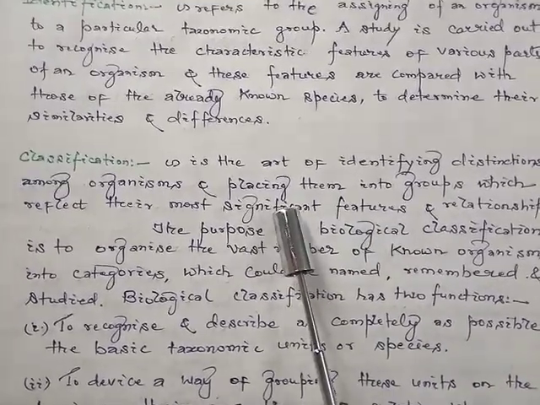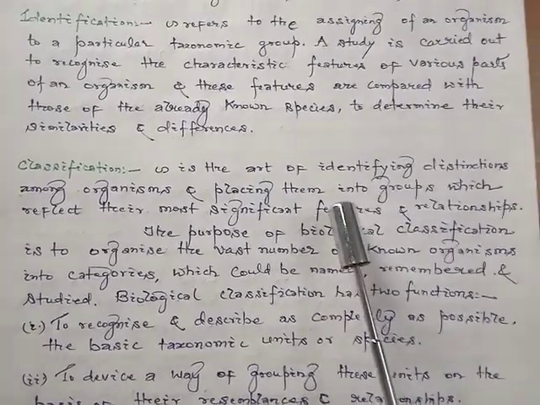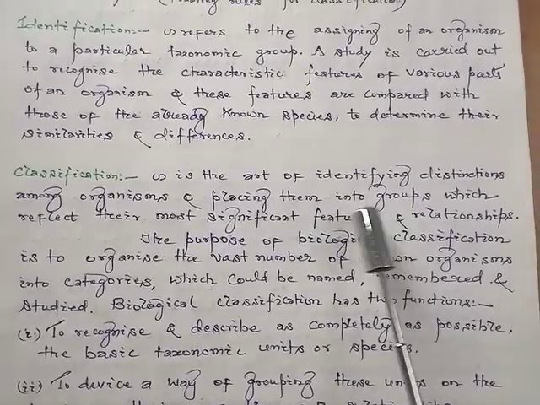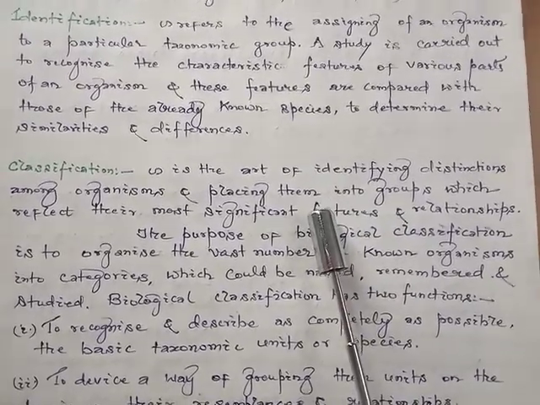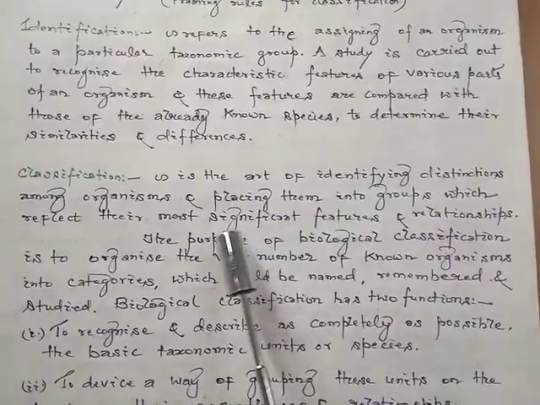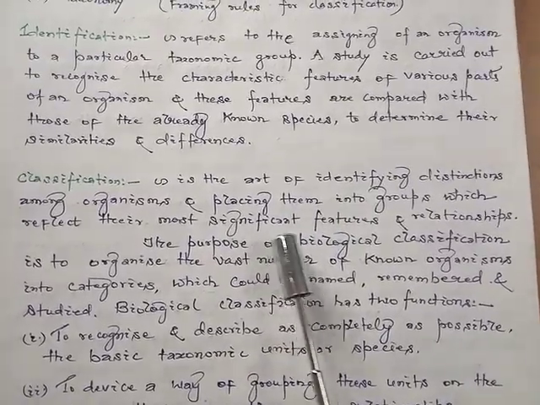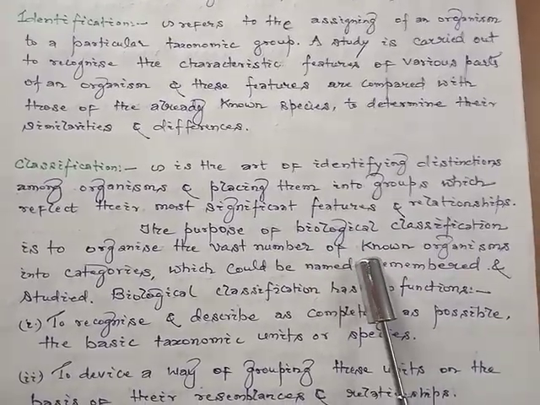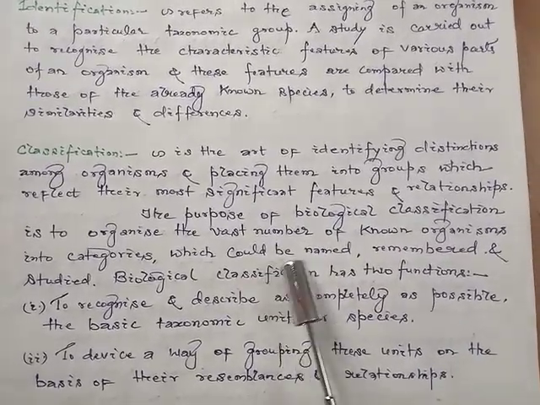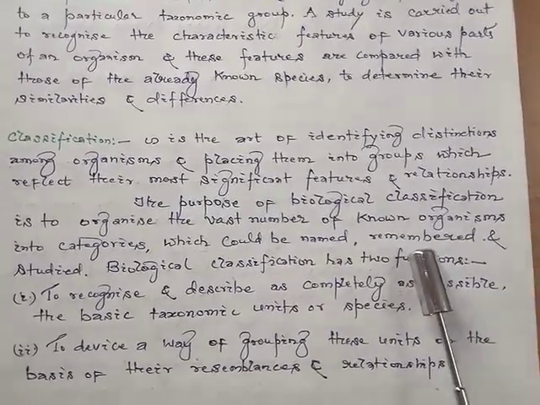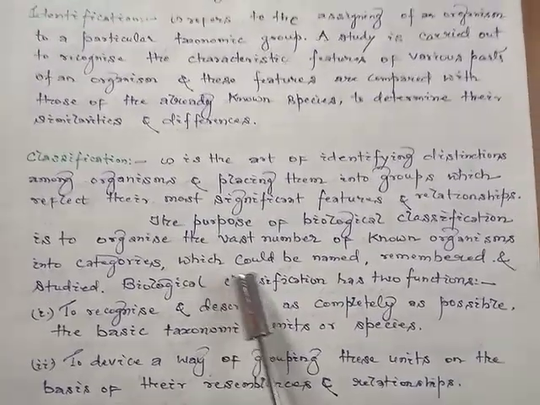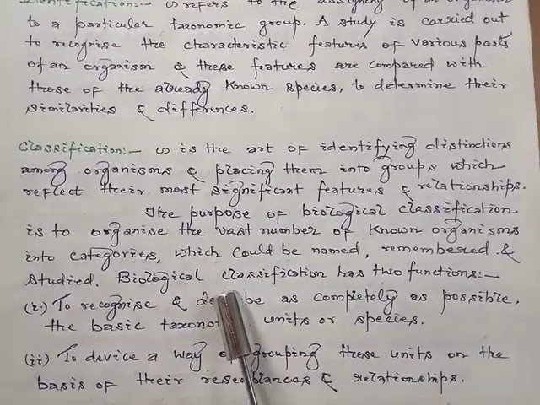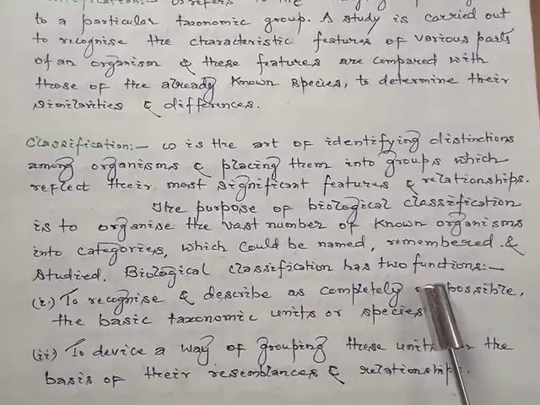So, classification is that art through which the living being is identified through distinctive characteristic features by placing them into certain groups which reflect their most significant features and relationships. The purpose of biological classification is to organize the vast number of known organisms into categories which could be named, remembered, and studied. So, biological classification has two functions.